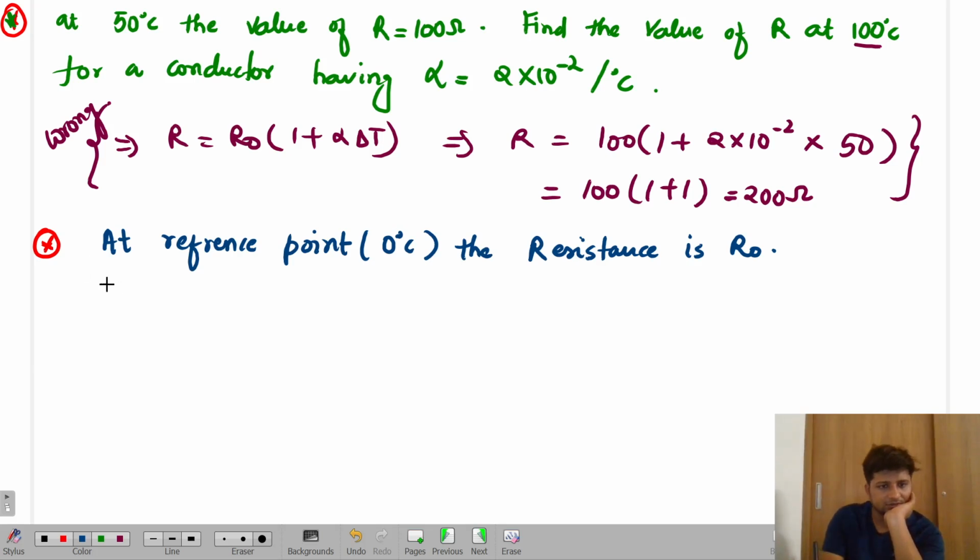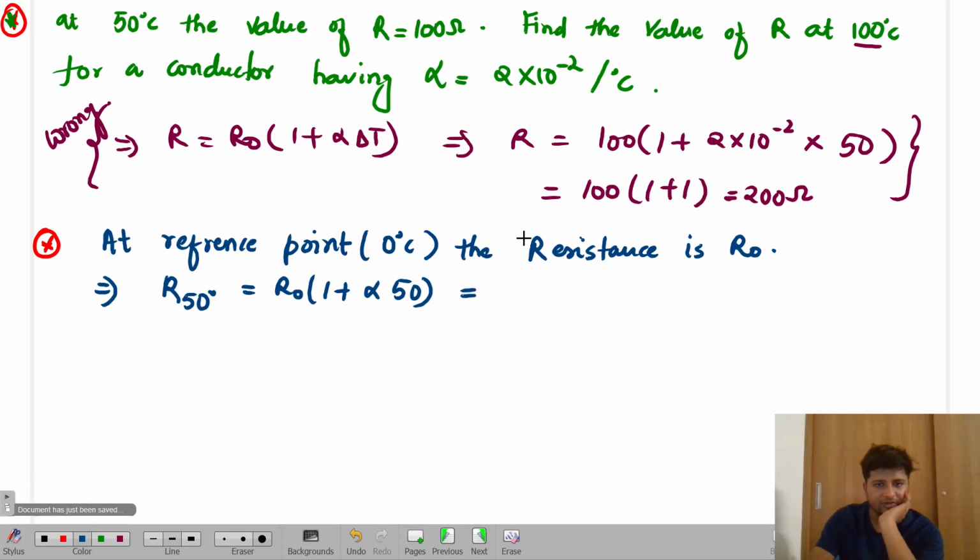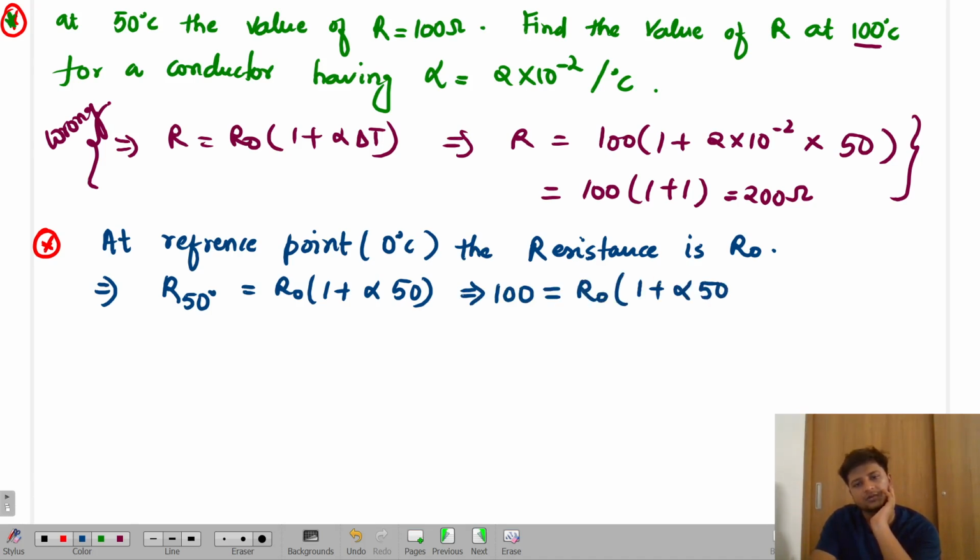Then this implies that R at 50 degree I can define, which is equal to R naught (1 plus alpha), and delta t is simply 50 minus 0, which is 50. This is given: R at 50 is 100. So 100 is equal to R naught (1 plus alpha into 50).